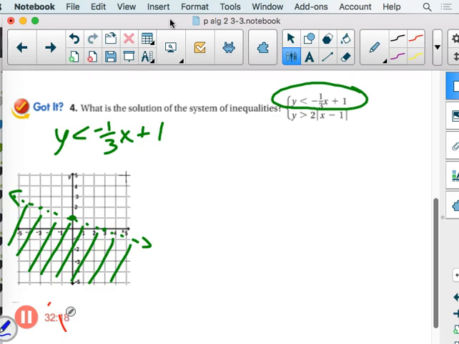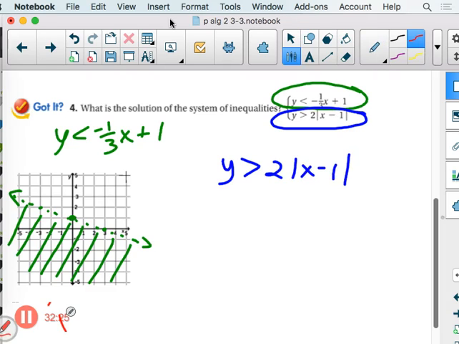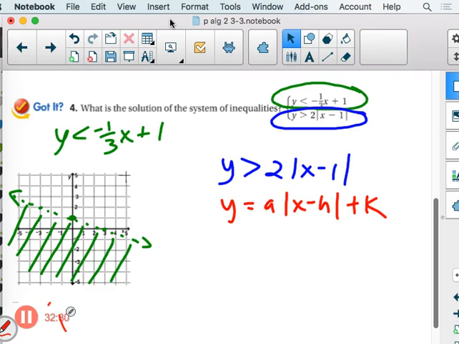Switch colors. Where's our new vertex, H, K? 1, 0 again. Yep. 1 and 0. Slope of the right side of the graph: 2.